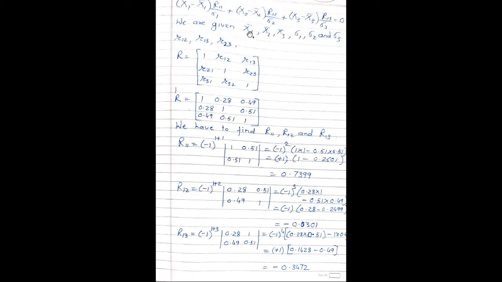We are given x1 bar, x2 bar, x3 bar, sigma 1, sigma 2 and sigma 3, and total correlation coefficients R12, R13 and R23. The matrix R is given as 1, R12, R13, R21, 1, R23, R31, R32 and 1.